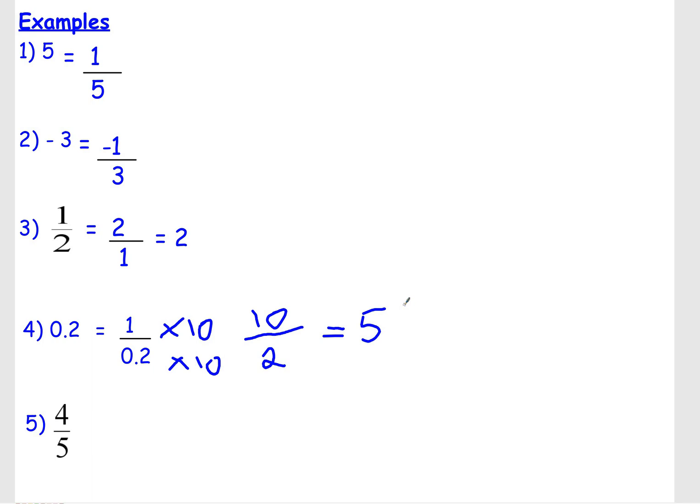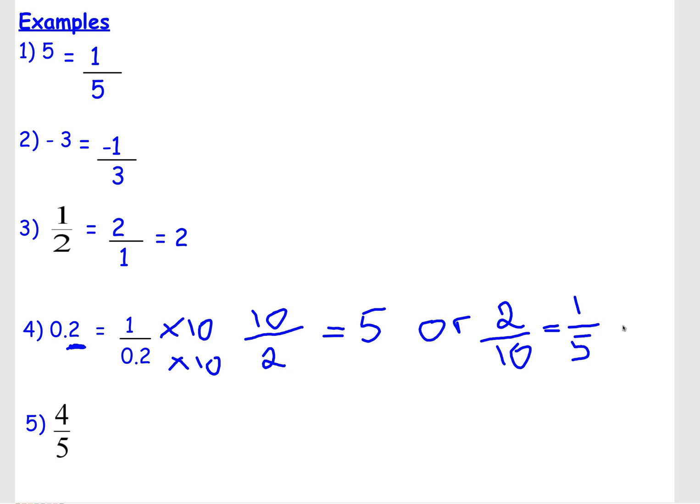Or the other way that we can look at this is by converting the decimal to a fraction. We know that 0.2, the first number after the decimal point, is our tenths column. So 0.2 is the same as 2/10, which we can cancel down to 1/5, or you could leave it as 2/10.